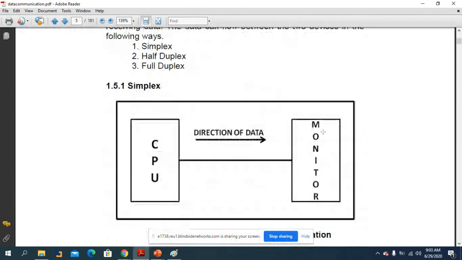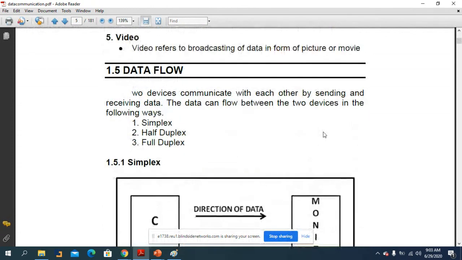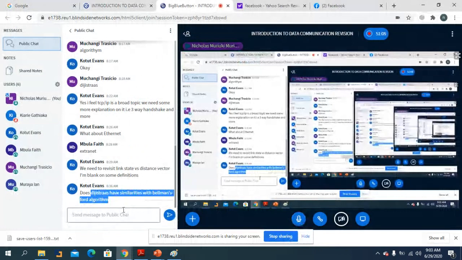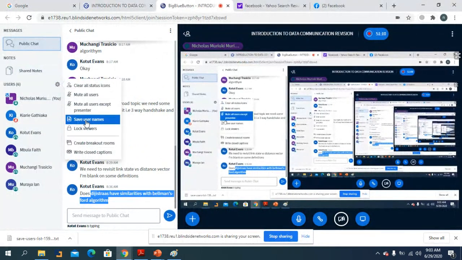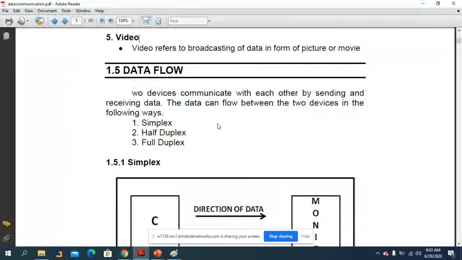So the next one is about data flow, and I think you covered this. Did you cover this? You cover this on Simplex. Did you cover that? So I'm waiting for an answer. Maybe we can brainstorm on that. Did you cover this topic? Data flow.